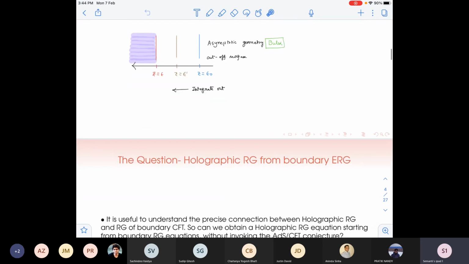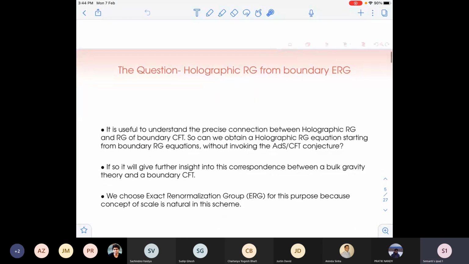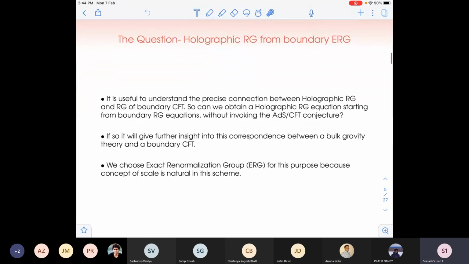So from this one question arises: whatever statement we are giving is in terms of the bulk. We are telling the boundary part of the bulk action, how it is changing with epsilon.